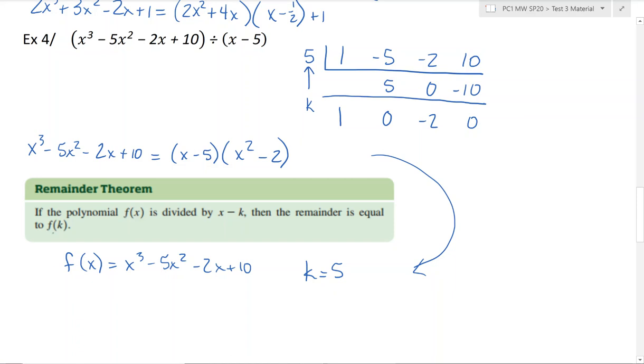Now, how do you normally get an f of k value? Normally you just plug that into the x, right? So let's do it the old way.